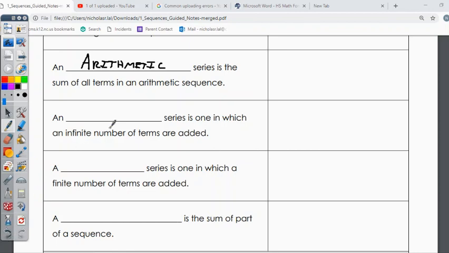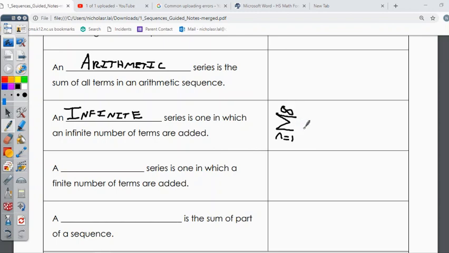All right, so let's look at a new series, an infinite series. An infinite series is one in which an infinite number of terms are added. So let's look at how we express an infinite series. An infinite series has a sigma notation where n is equal to 1, and your stopping number becomes infinity.